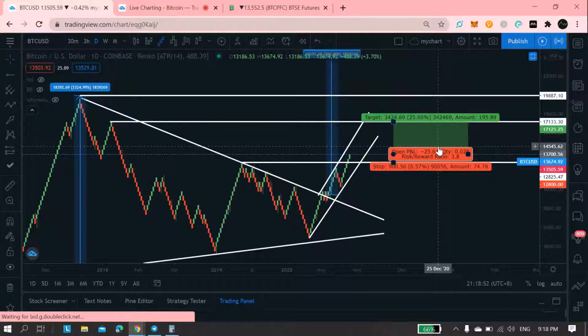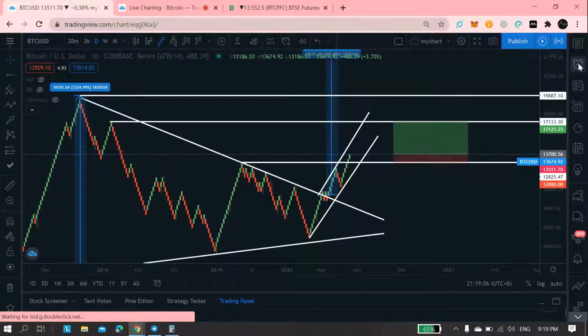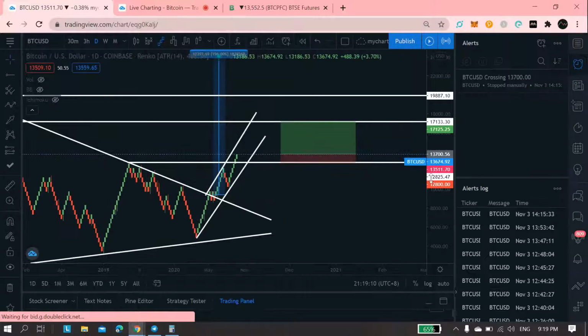Currently I have an open long position. I bought it at around 13,604.5. And currently, of course, I'm at a loss because it's now trading at 13,511.